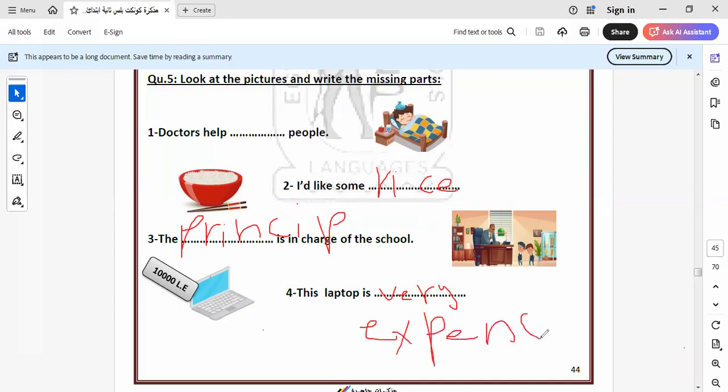We can say very expensive, and we can also say not cheap. If we can't remember expensive in the exam, you can say not cheap. Both are correct. Okay, let's go to another one.